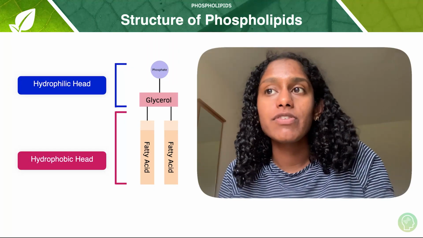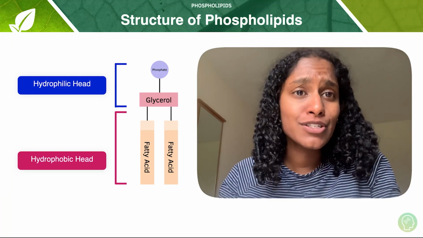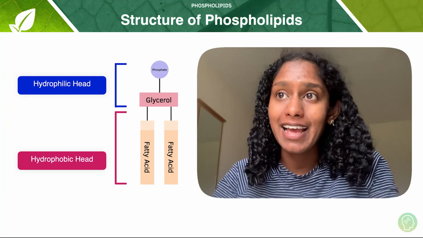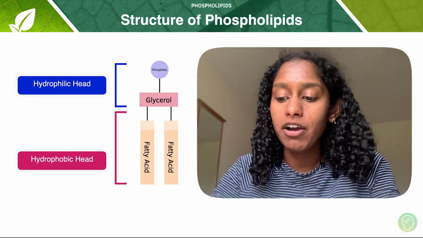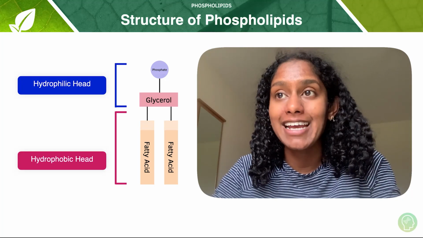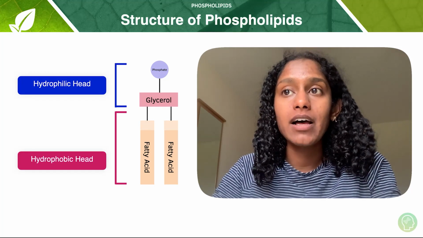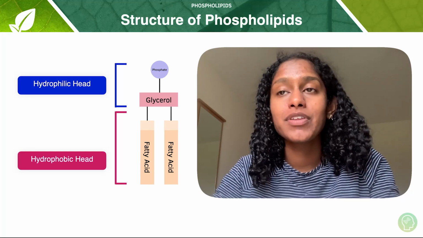And we say that phospholipids are amphipathic, which means they have a hydrophobic tail and a hydrophilic head. So hydrophobic comes from the Greek hydro for water and phobic for hating, so a water-hating tail, and hydrophilic from the Greek for love, a water-loving head.